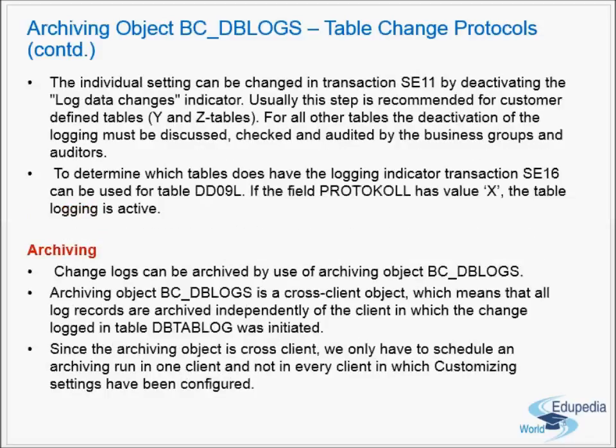Now we have one more table, DD09L, an excellent table where you can just check it in SE16, and you will come to know for which tables in your system the table logging is active or not.